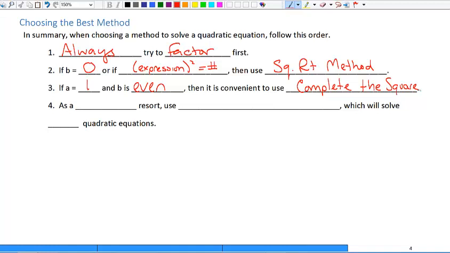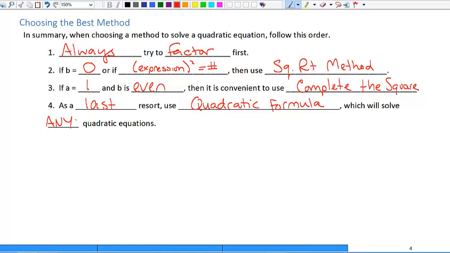But in my opinion, if a isn't 1 and b isn't even, or if I can't get it like that pretty quickly, then I would probably abandon that method and move on to step 4, which is, as a last resort, use the quadratic formula, which will solve any quadratic equations.